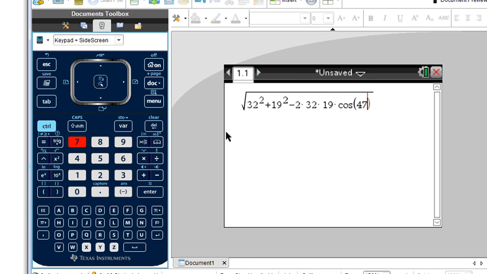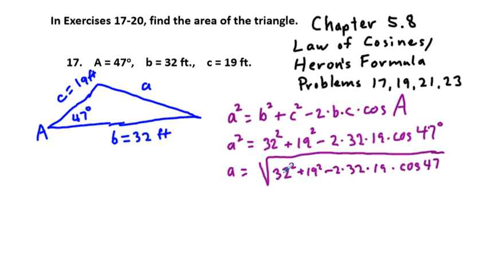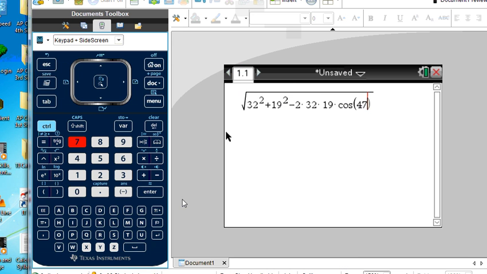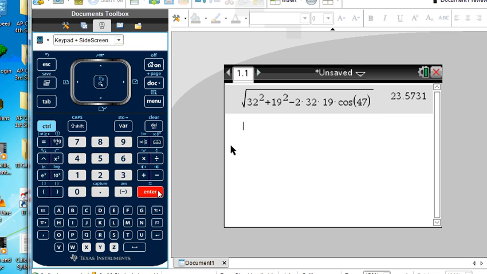Before we press the enter button, let's check 32, 19, 32, 19, cosine 47, 32, 19. Okay, everything looks good. So we get side A as 23.5731.